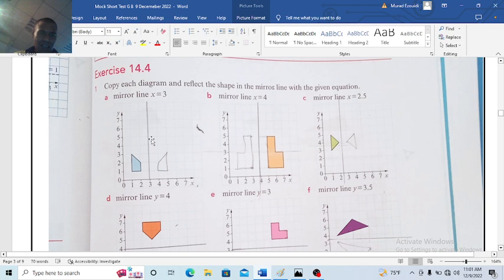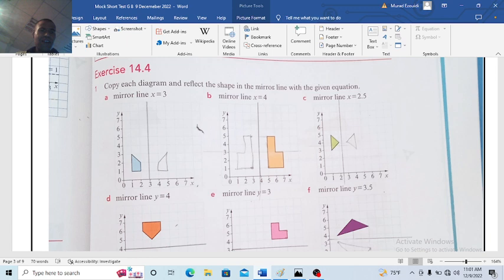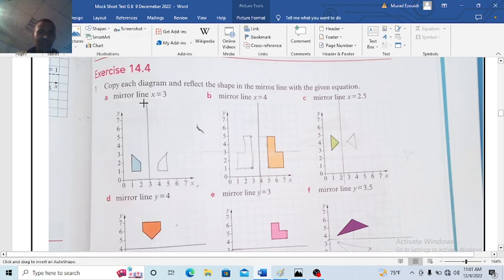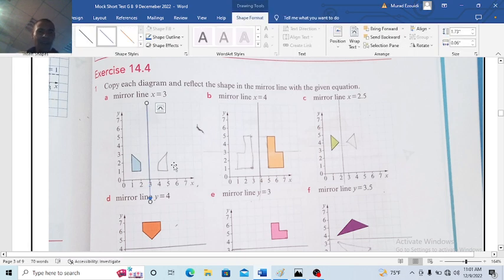You can see that this is my original shape, and I'm going to reflect it under the mirror line x equal 3. First of all, you should draw a line like that, and label it as x equal 3.